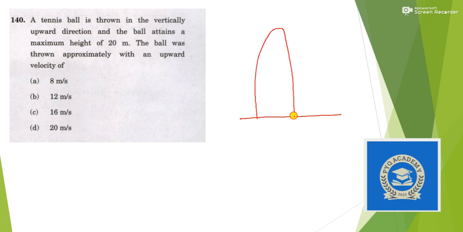The maximum height is 20 meters. Suppose it was thrown with initial velocity u, and it attained some final velocity when it reached here. Then it came back. The question is concerned about the upward velocity, that means u.